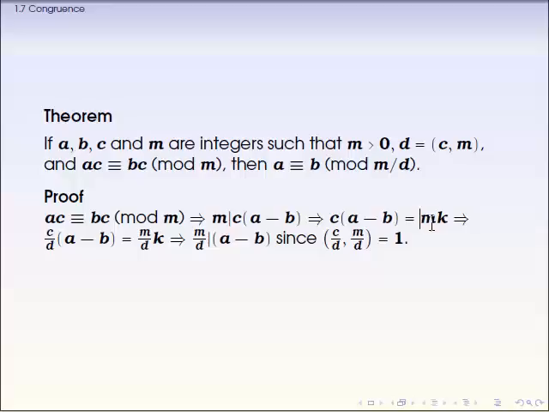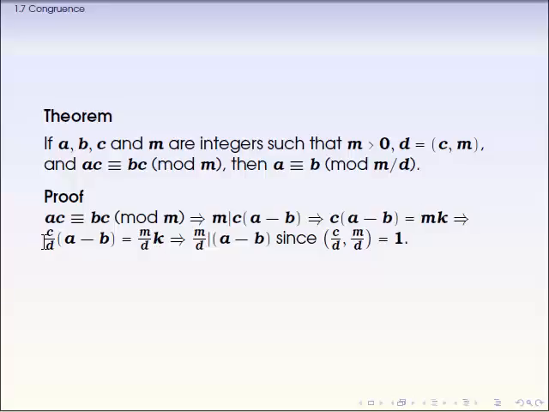That's a sure thing. Then let's divide both sides by d, which is the greatest common divisor of c and m. Then we can write c over d times (a minus b) equals m over d times k.